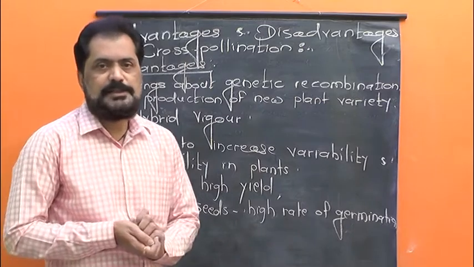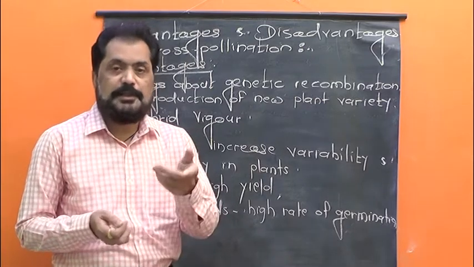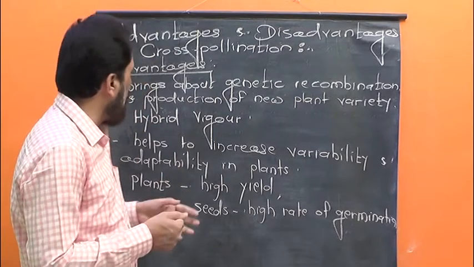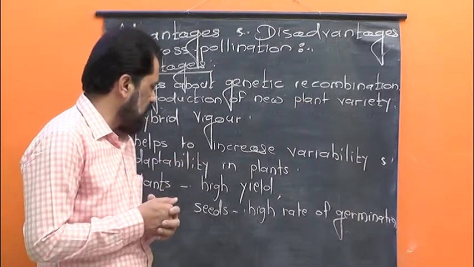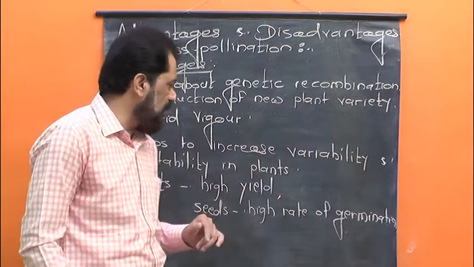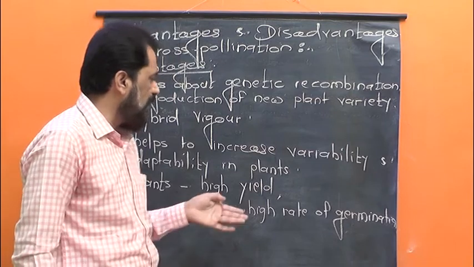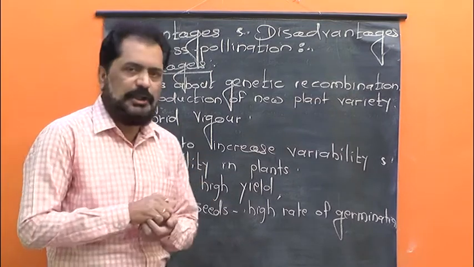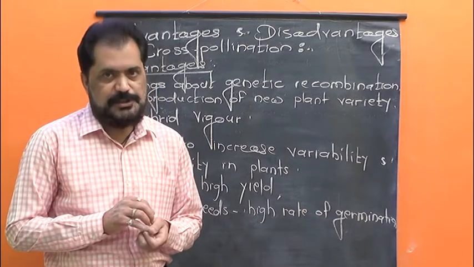You know, viable means they have viability, meaning the ability to undergo germination. So the hybrid plant produced by cross pollination produces seeds with a high rate of seed germination, as well as high yield, and hence we can say cross pollination proves more advantageous.